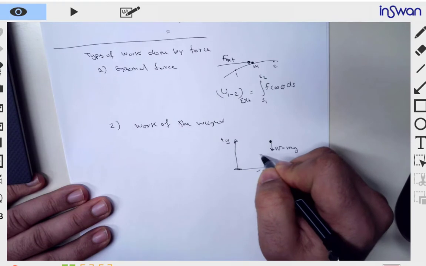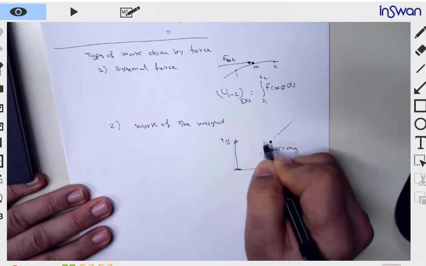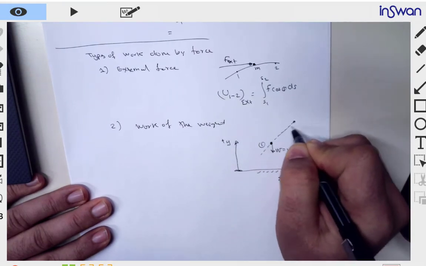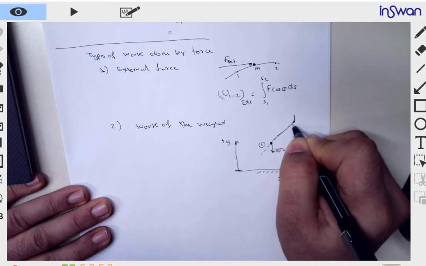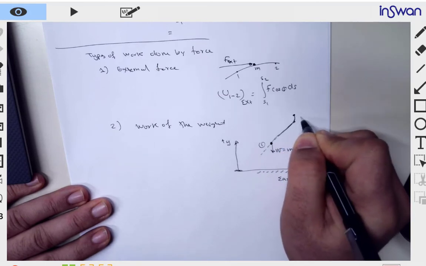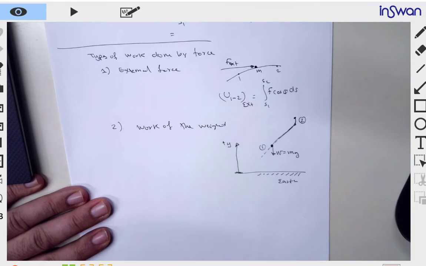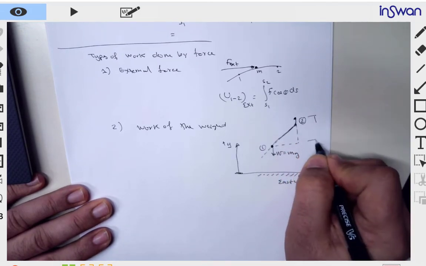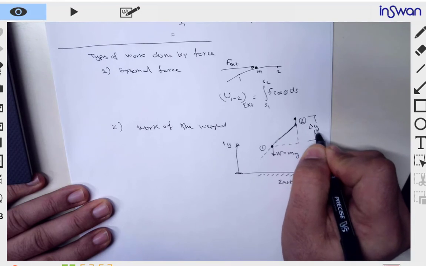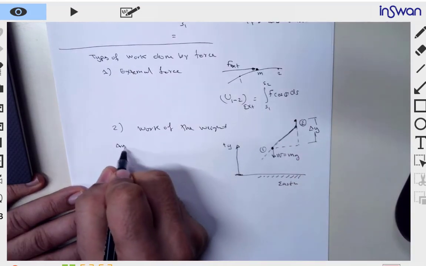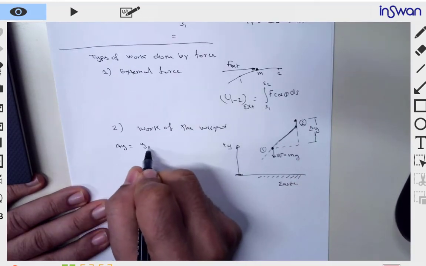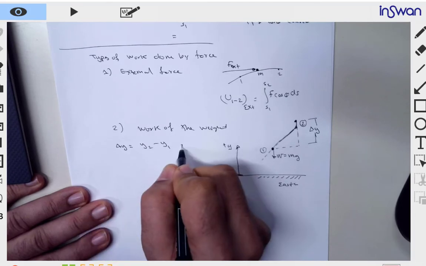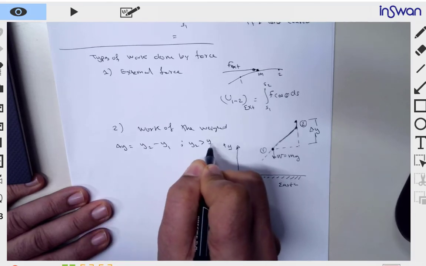And suppose that my state 1 is here and state 2, I'm going to make it curvilinear motion, so it does not necessarily linear. And my second state is over here, right? So it displaces by that magnitude. So this is delta y, where delta y is equal to y2 minus y1, where y2 is greater than y1, right?